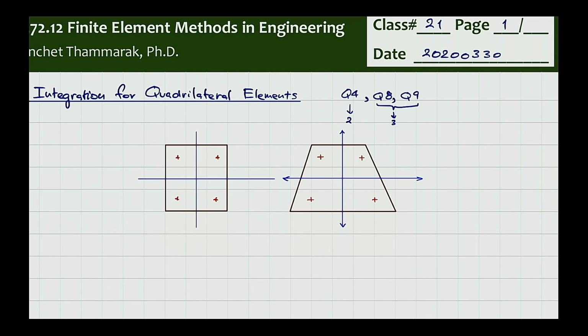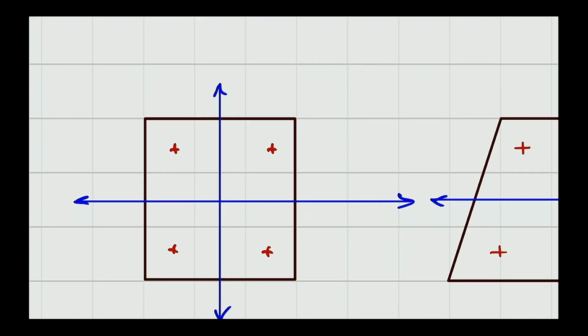Let's take a look at this issue. The structural element originally looks like this. If you have 4 nodes, then you have 4 integration points in total.